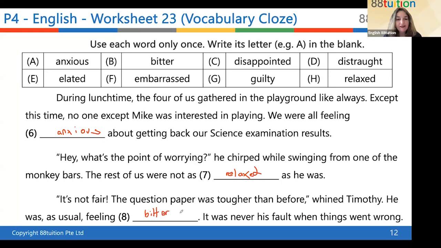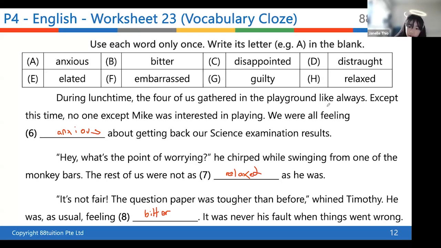Okay, Janelle, can you read the whole page for us, please? During lunchtime, the 4 of us gathered in the playground like always, except this time, no one except Mike was interested in playing. We were all feeling anxious about getting our science examination results. Hey, what's the point of worrying?